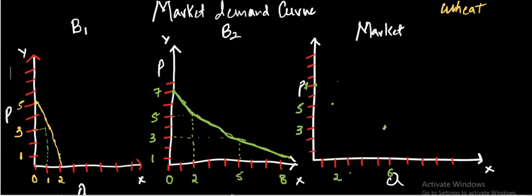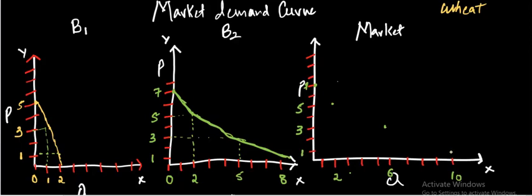And then when the price was 1, buyer 1 was willing to buy 2 units, and buyer 2 was willing to buy 8 units, which means the total demand is going to be 10. So 7, 8, 9 and 10 when the price is 1.